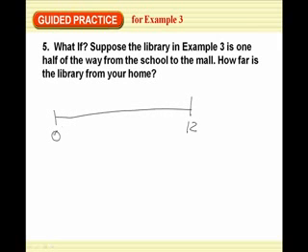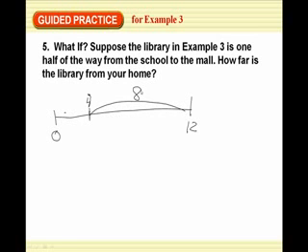The school is 1/3 of the way, so the school was right here at 4, and there was still 8 miles left from there to there.